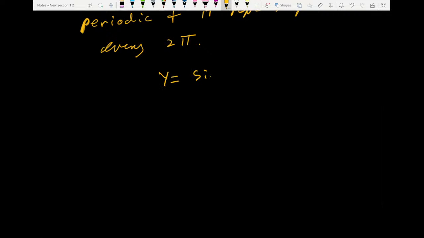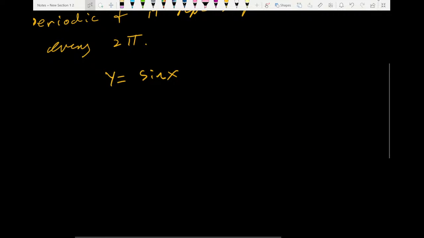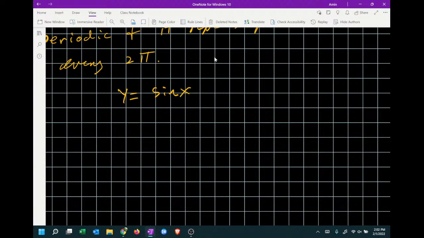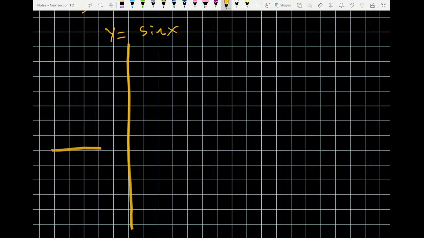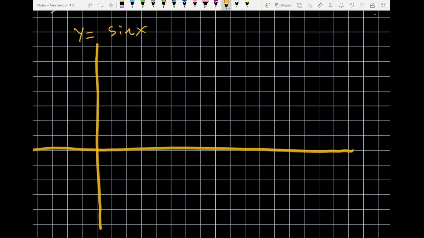y equals sine of x. Let me do it this way. All right, let's graph.